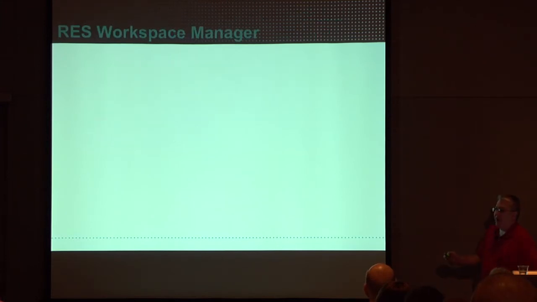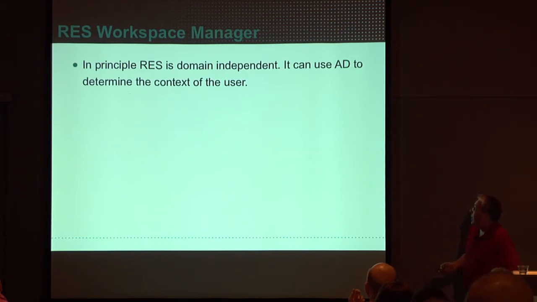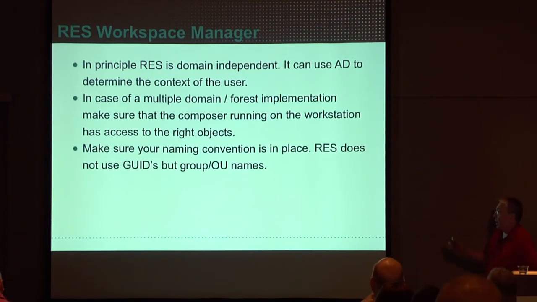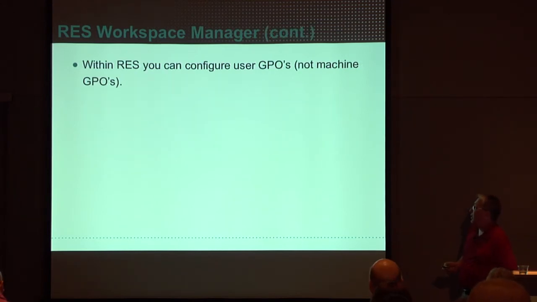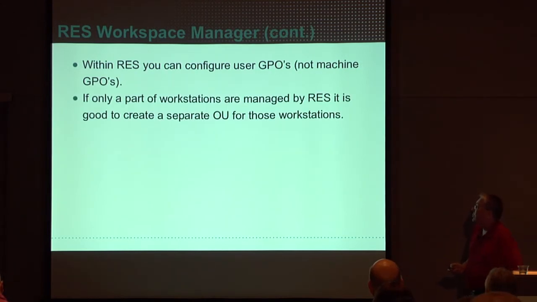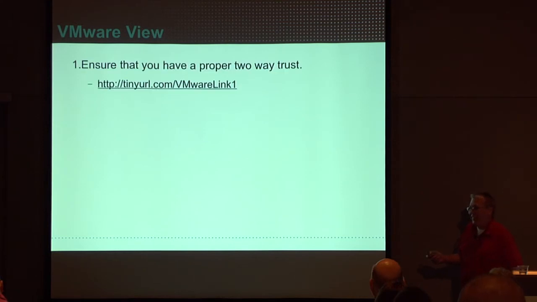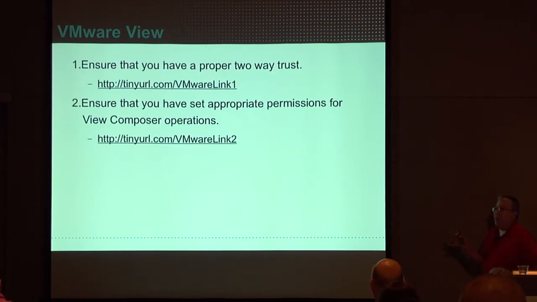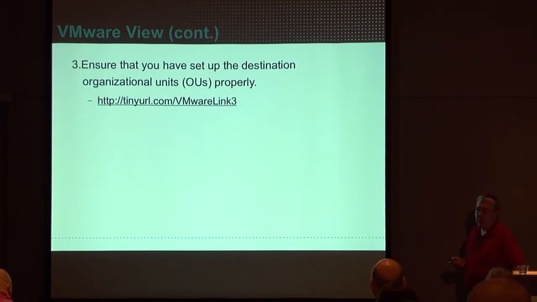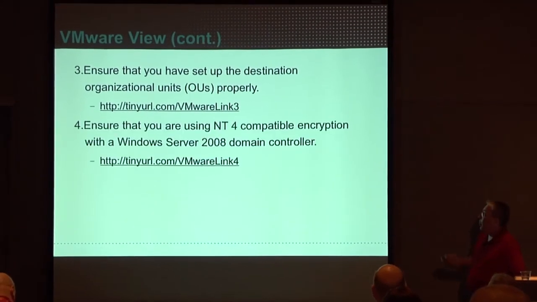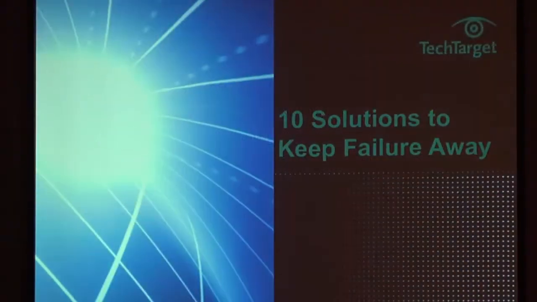And then for RES, I have Sander Vanderhoek from IBM. He gave me these. And all of these, including his copious notes for all of these bullet points, are in the PDF. And VMware View from Andre Leibovici, where VMware actually has a technical article, Troubleshooting AD Issues in VMware View, and that's what this comes from.